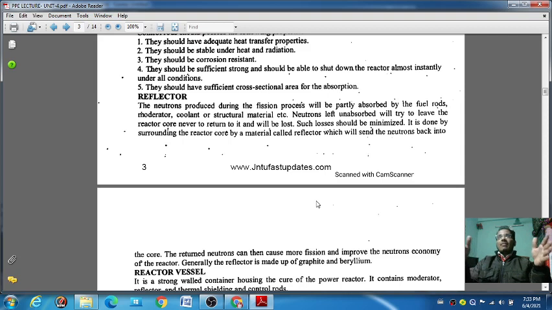So we have to take some good steps and choose good materials for the reactor core.